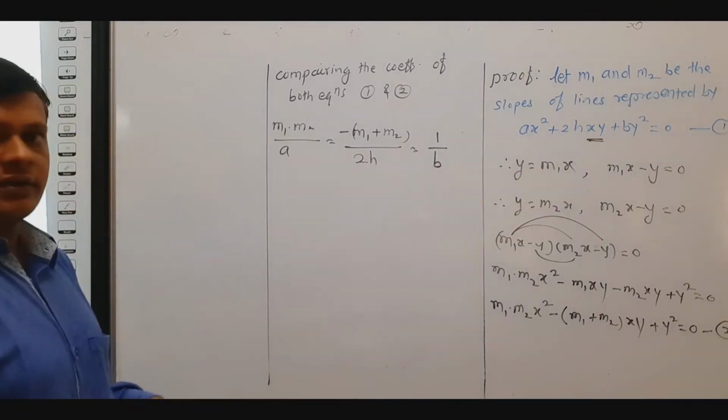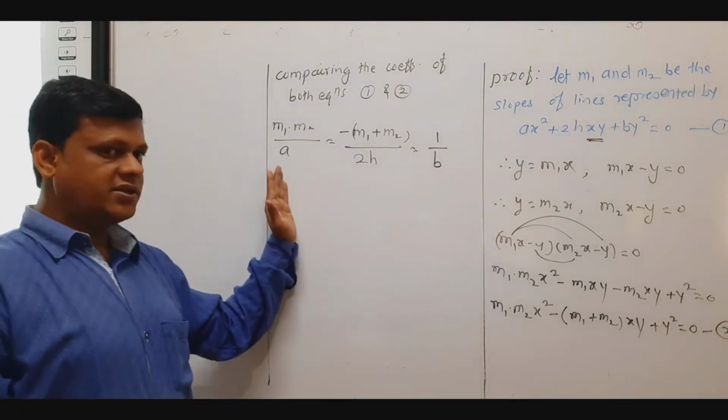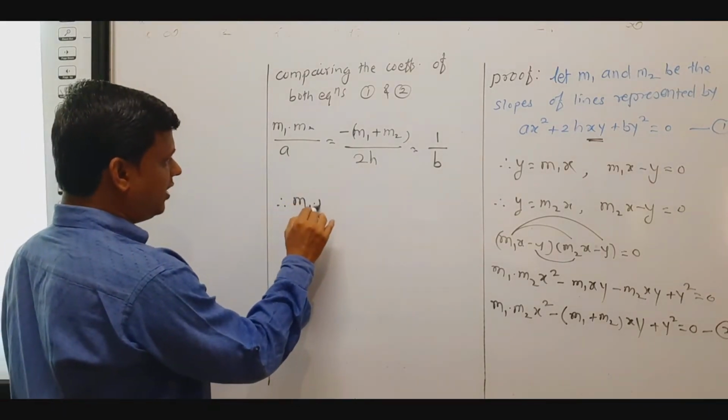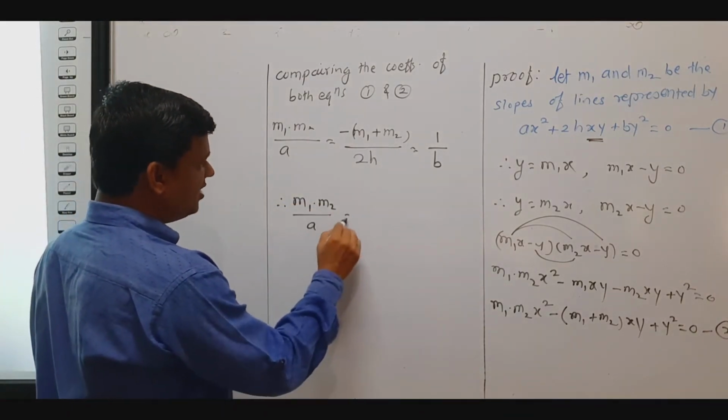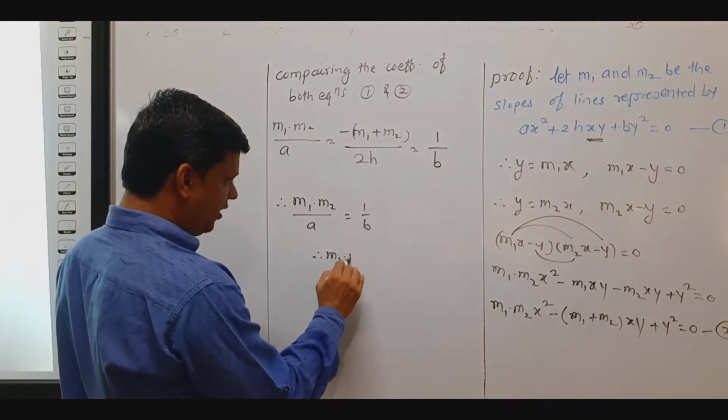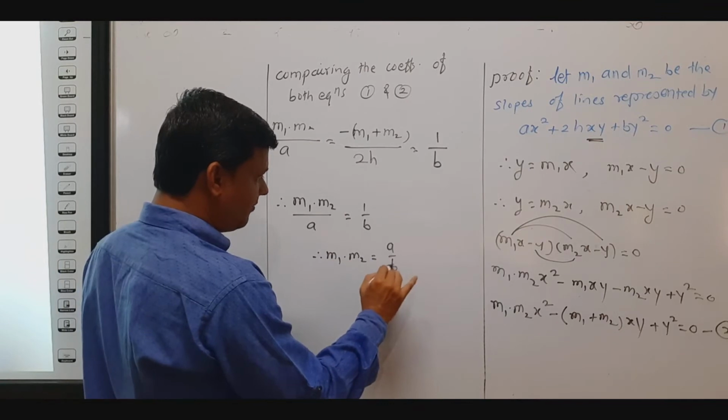So if we equate the first ratio with the last ratio, m1 into m2 upon a is equal to 1 by b. So we get m1 into m2 equals to a by b.